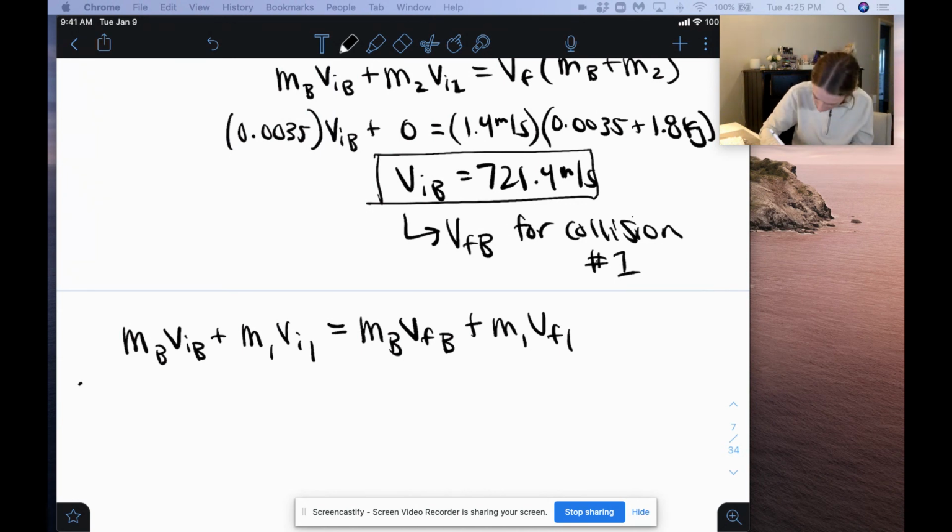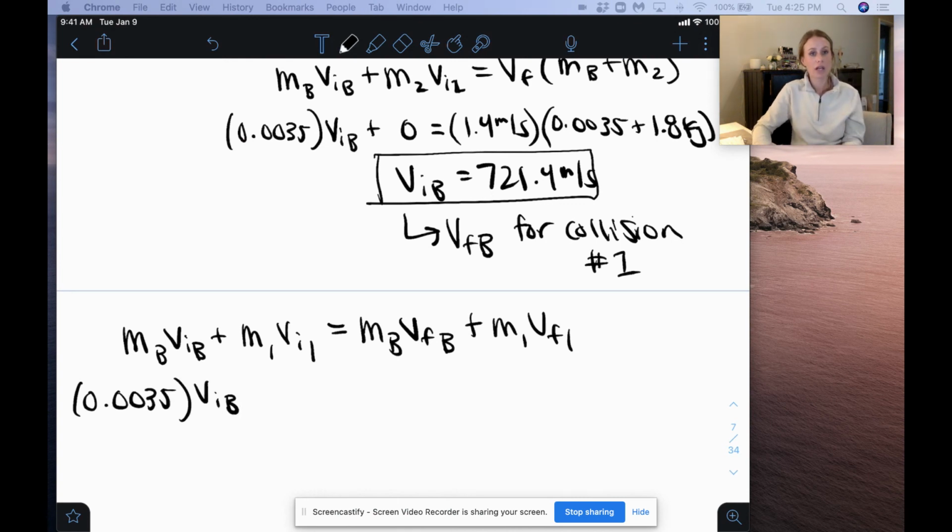So mass of the bullet is 0.0035 times initial velocity of the bullet, which is what we're solving for. Of course, initial velocity of block 1 is 0, so this whole term cancels out.